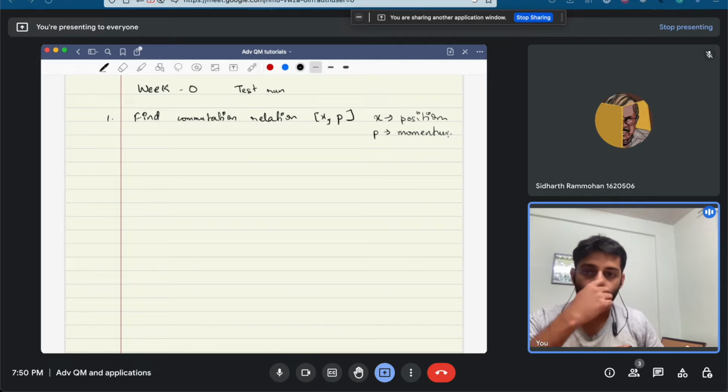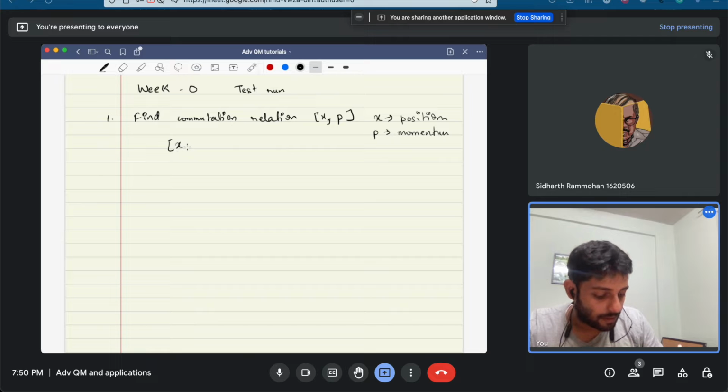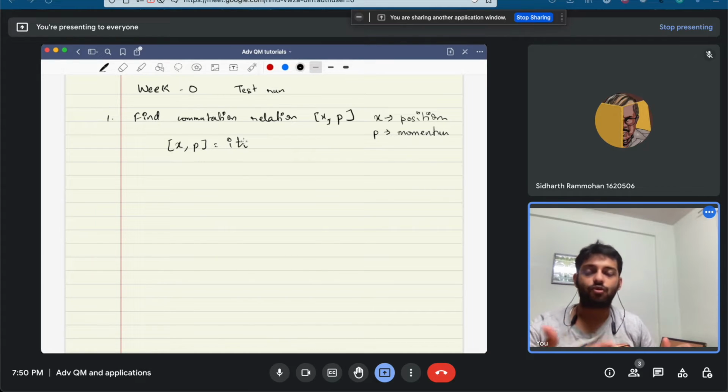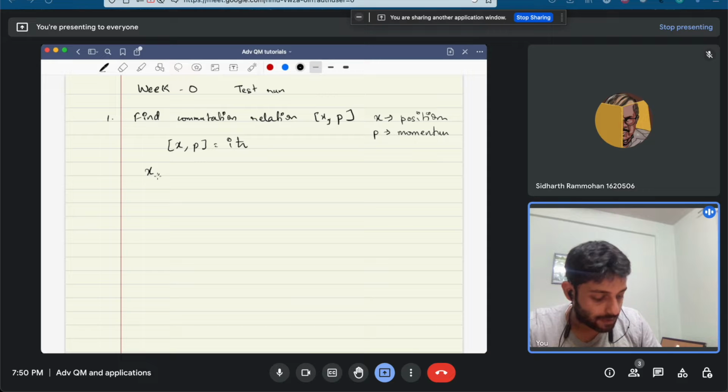While finding the commutation relation, this is one of the fundamentals of quantum mechanics, that the commutation relation between x and p is i h bar. This is mostly a given thing. But to find it out, what we do is we implement this commutator on a wave function psi of x.